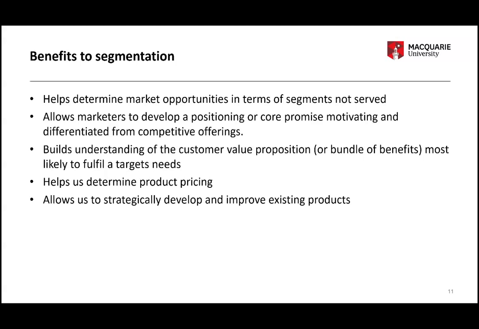It builds understanding of the bundle of benefits or the customer value proposition that is most likely to fulfill a target's needs. It helps us determine product pricing because we can get a sense of the extent to which they might be price elastic or price inelastic in the decisions that they make, and allows us to strategically develop and improve existing products.